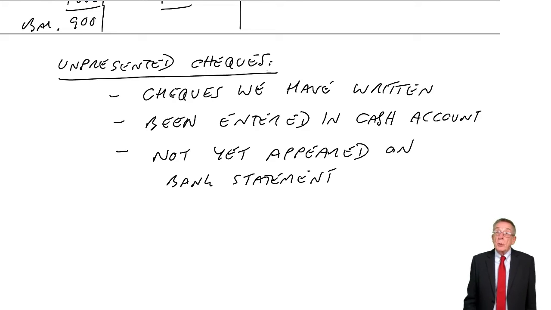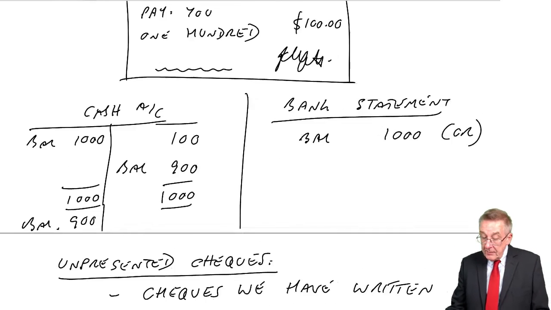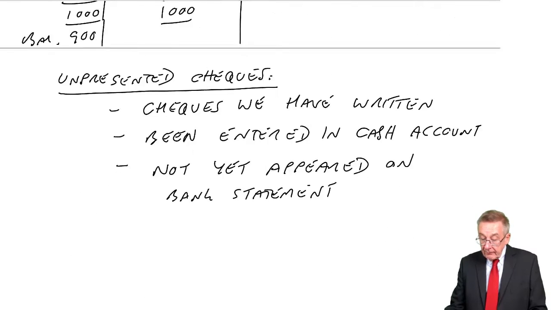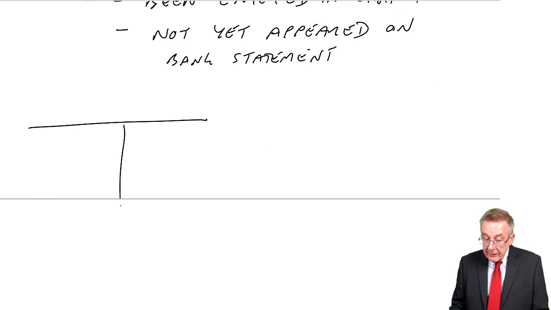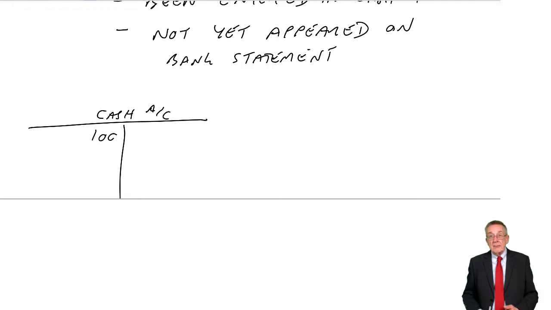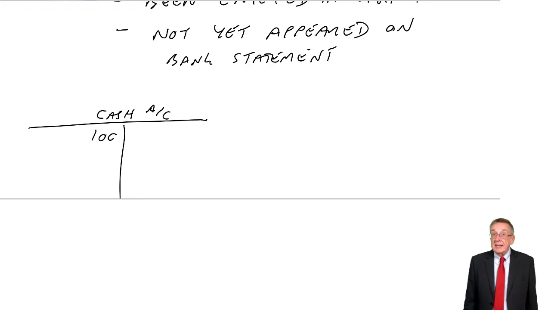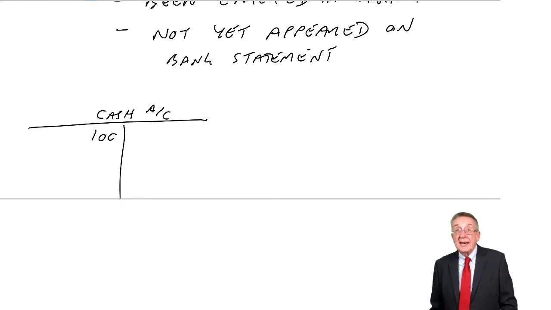Of course, it can work the other way around, because equally, if I receive a cheque, you send me a cheque in the post. The minute I receive it, I enter it in my cash account. You sent me a cheque for 100, I debit cash. But I've then got to take the cheque to my bank, and my bank's got to contact your bank.